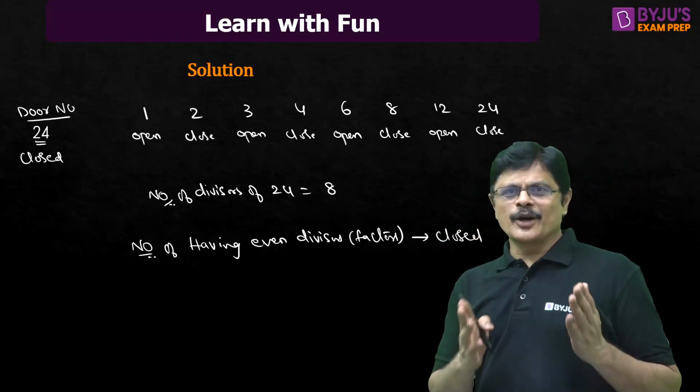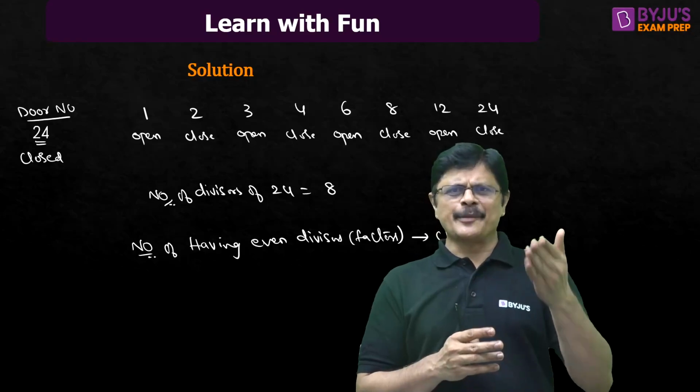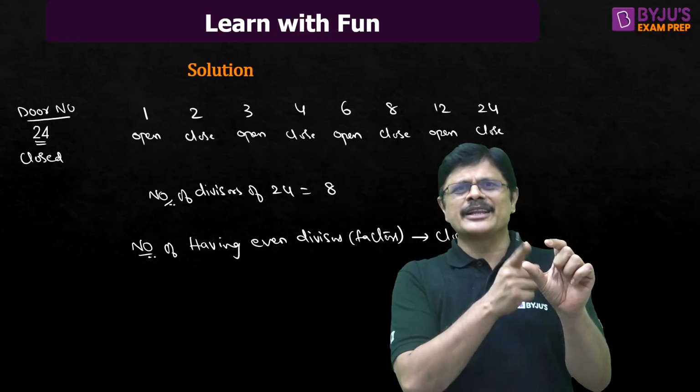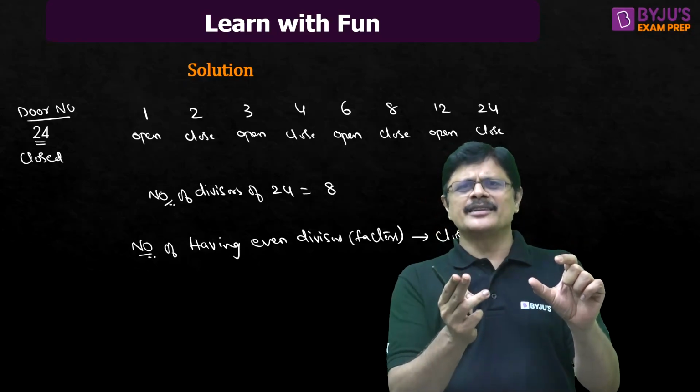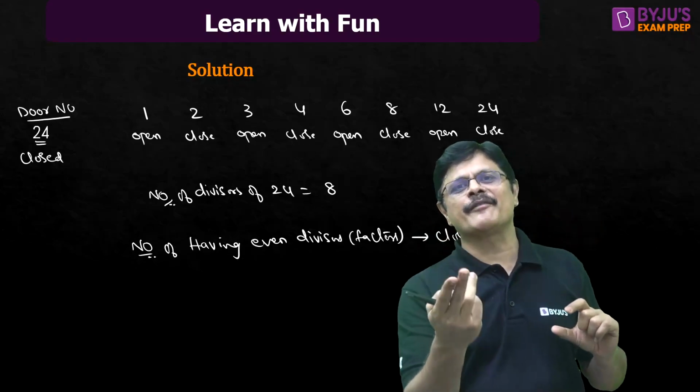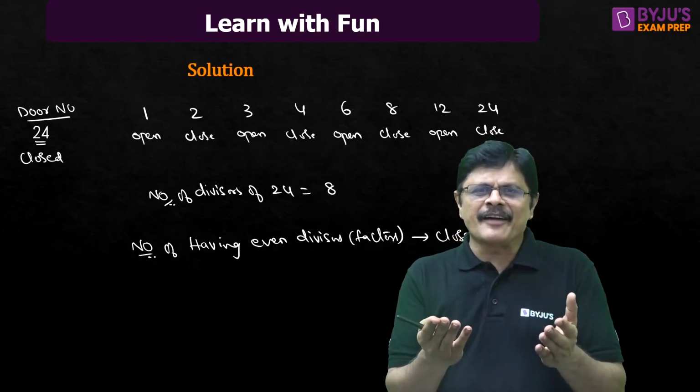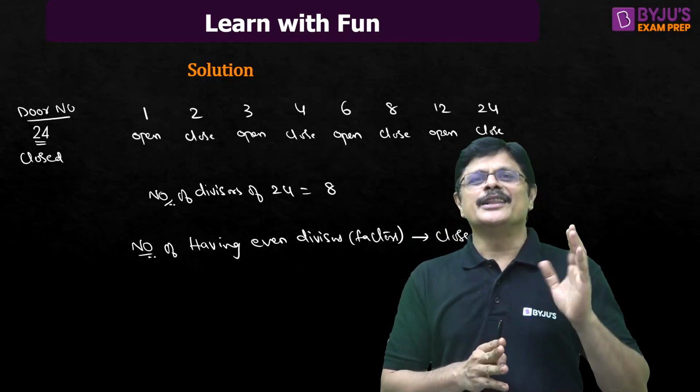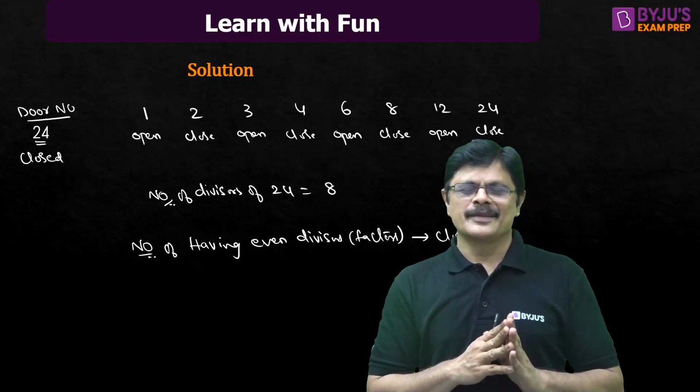Why, sir? Because the first factor, meaning the student with that particular number, will open; the second factor, the student with that number, will toggle and close it. So when it has even factors, the door will be closed.